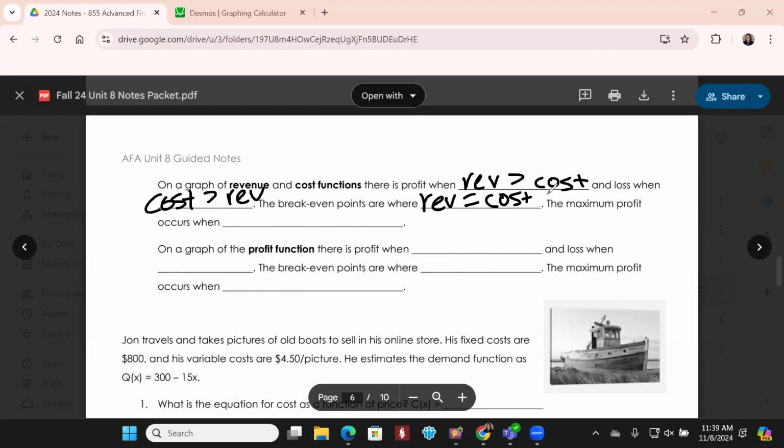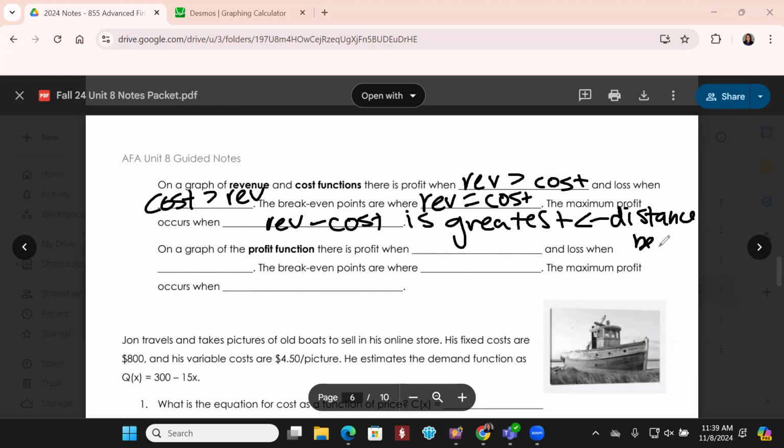Good. Maximum profit occurs when revenue minus cost is the greatest. So revenue minus your cost is the greatest. Good. This is the distance between the graphs.